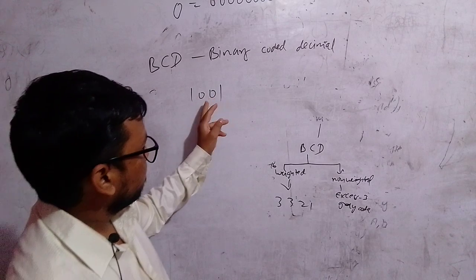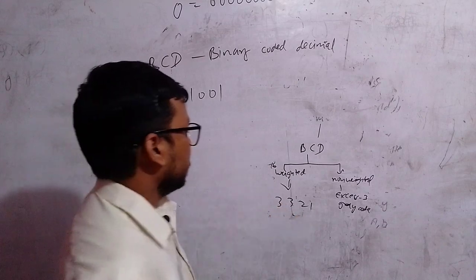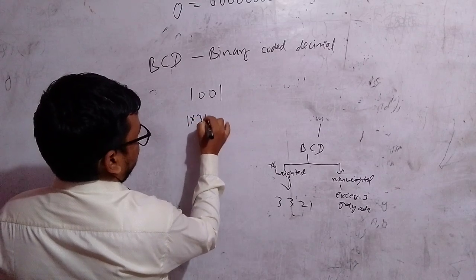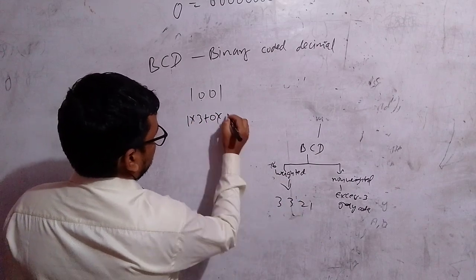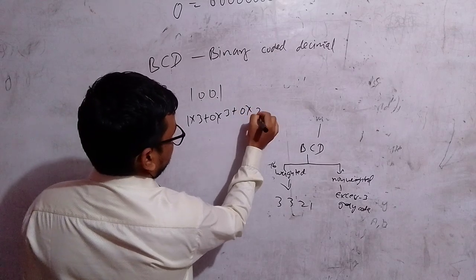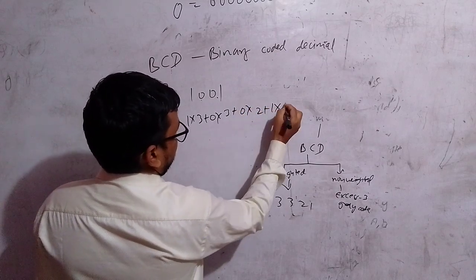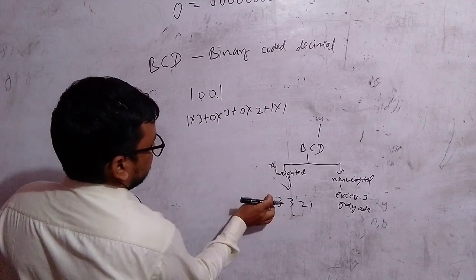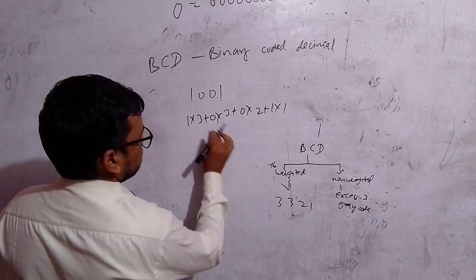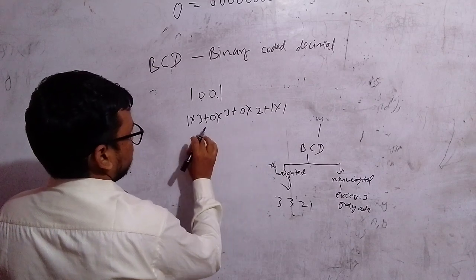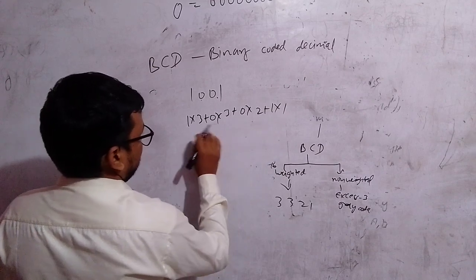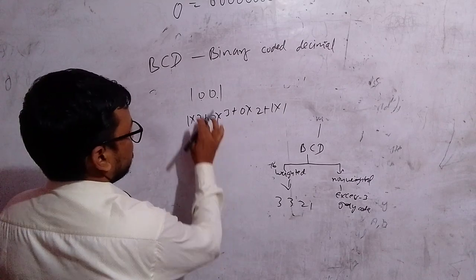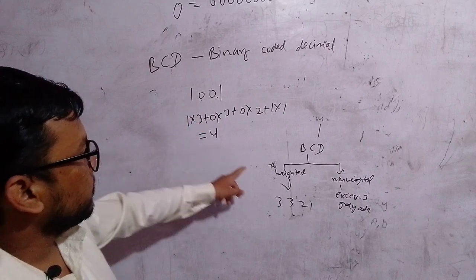To represent this number using this 3321 format, we use 1 into 3 plus 0 into 3 plus 0 into 2 plus 1 into 1, multiplying the numbers at the same positions and adding them. Now we will get 3 plus 1, which is 4. Now its equivalent will be 4.